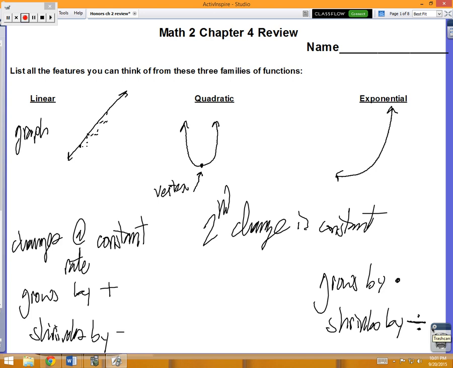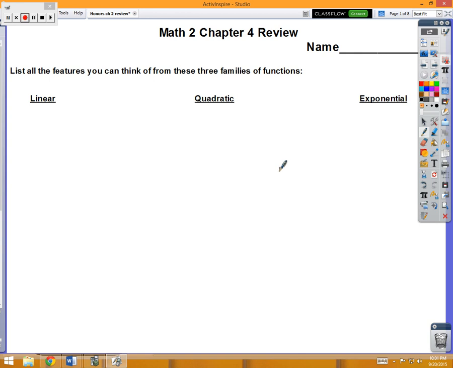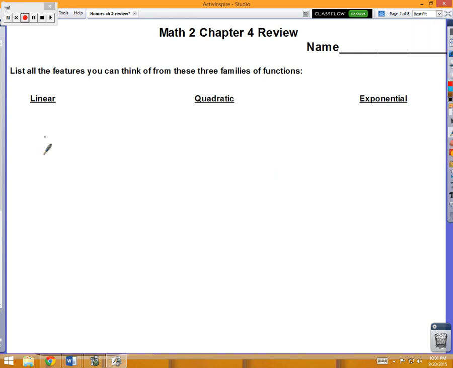Okay, now exponential. Let's talk about this. Let's look at just the most basic and simple exponential function. Well, I guess the equations: linear is like y equals 2x. You look at the degree. If the degree is 1, you're in the first dimension. That means it's linear.